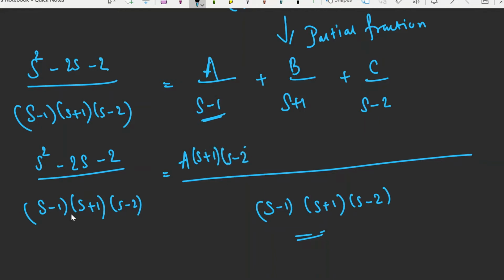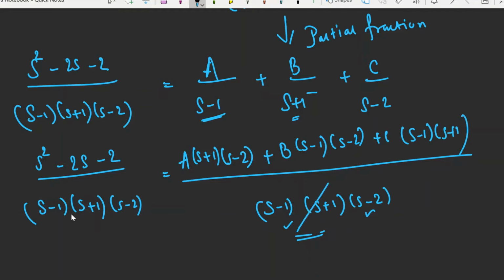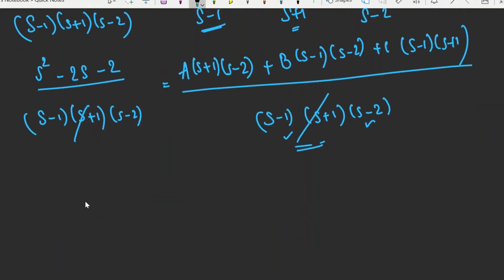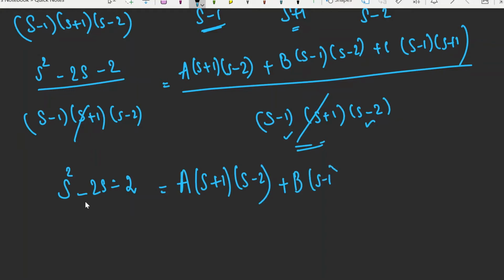Similarly for b, the denominator is s plus 1, additional terms are s minus 1 and s minus 2. For c, s minus 1 and s plus 1. So these terms get cancelled. Write the numerator on both sides. So s square minus 2s minus 2 equals a times s plus 1 times s minus 2, plus b times s minus 1 times s minus 2, plus c times s minus 1 times s plus 1.